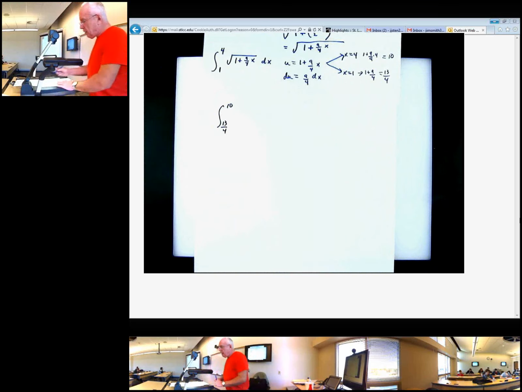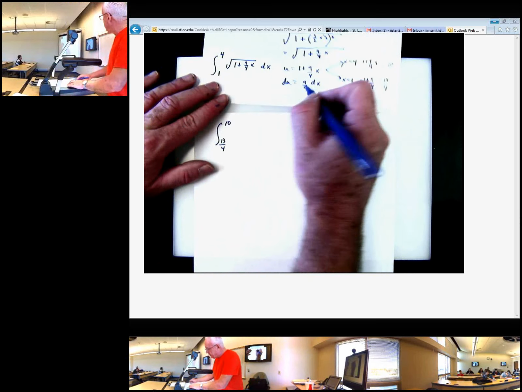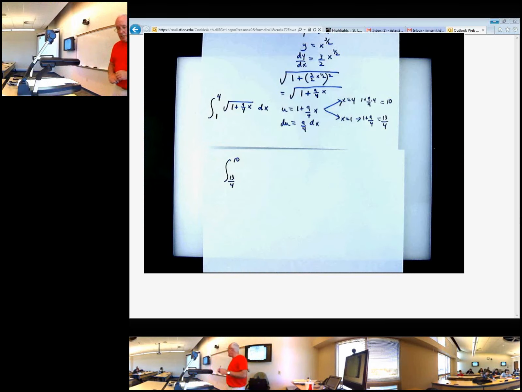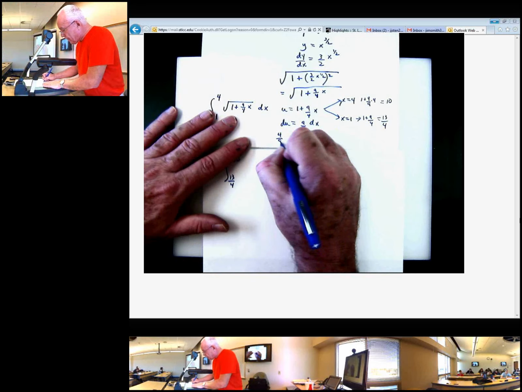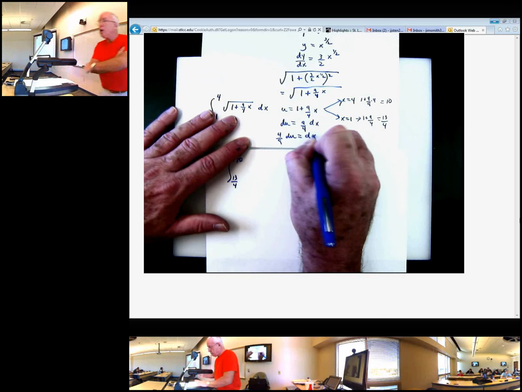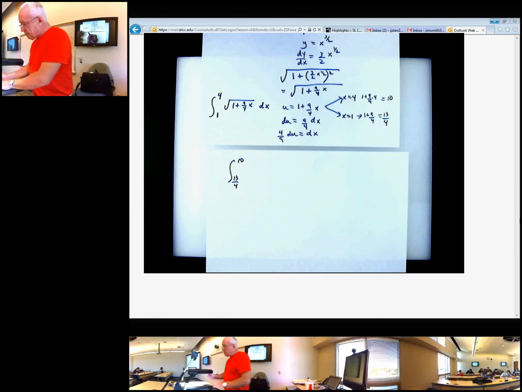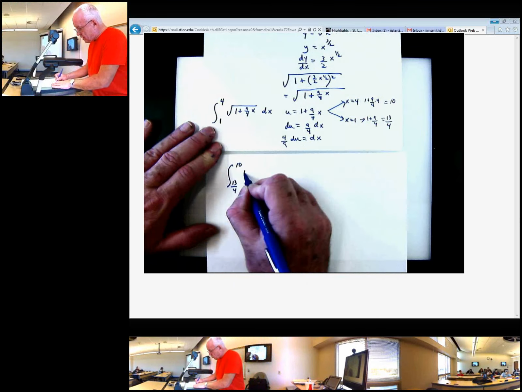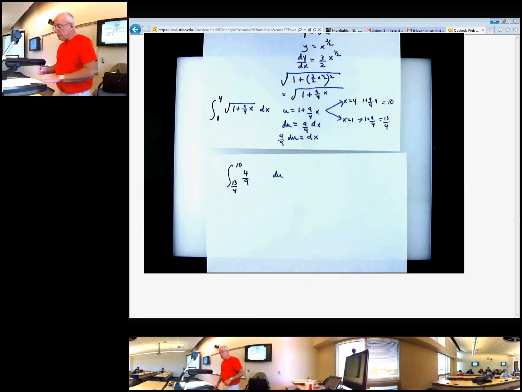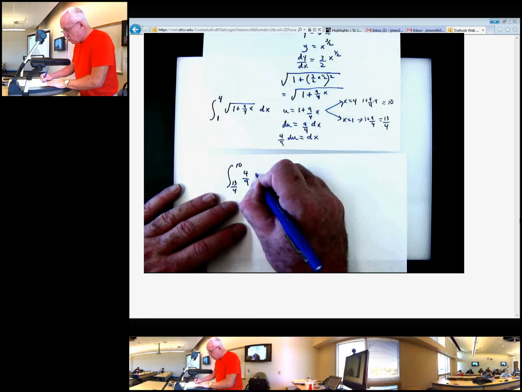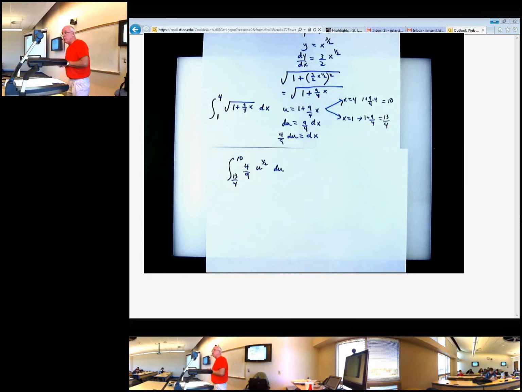If du is equal to 9/4 dx, then dx is equal to 4/9 du, just by multiplying both sides by 4/9. So I'm going to replace my dx with 4/9 du, and then my square root is just going to become u to the 1/2 power.